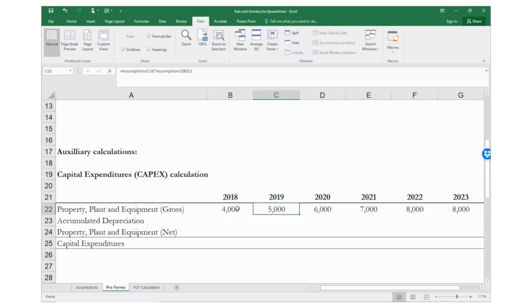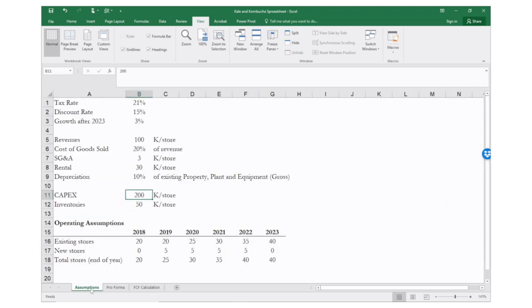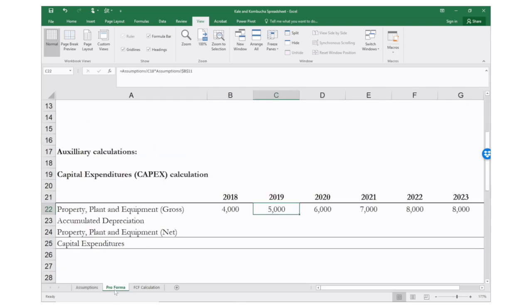In 2019, the amount of property, plant, and equipment that I have is $5 million. Those $5 million are the 25 stores that I have in 2019 times the amount that it cost me to build them out. That amount keeps growing all the way to 2023, where I'll have gross property, plant, and equipment of $8 million.